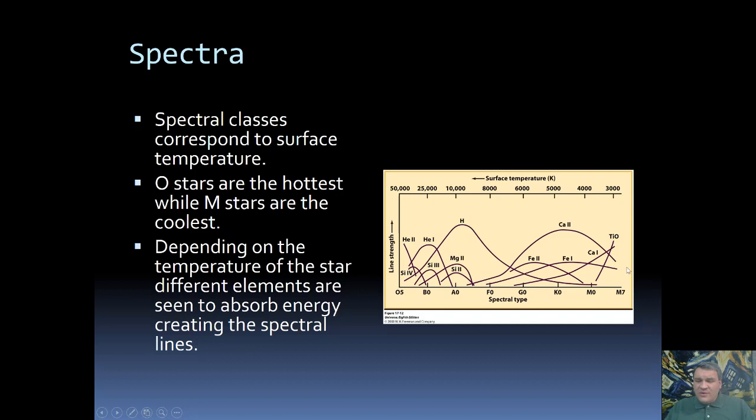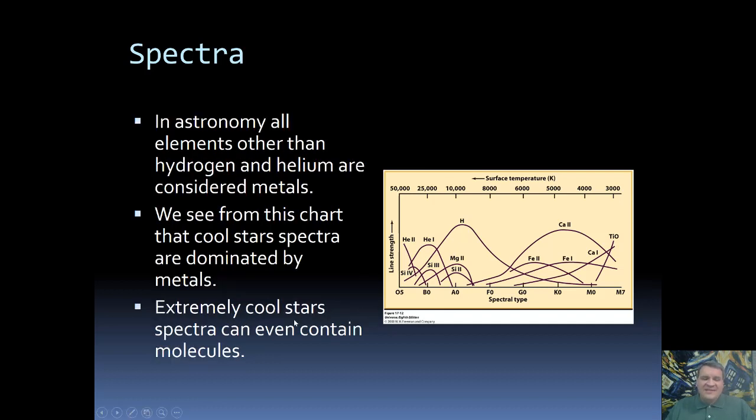In the very coolest stars, our M-type stars, it is so cool that we begin to see molecular absorption lines. Don't think of molecules like water. Water would absolutely not survive these temperatures, but things like titanium oxide, which is really exciting.